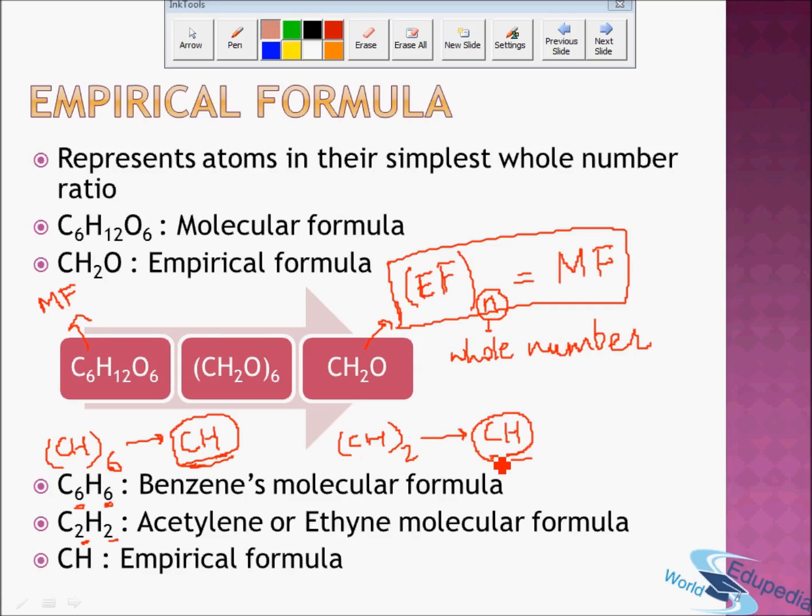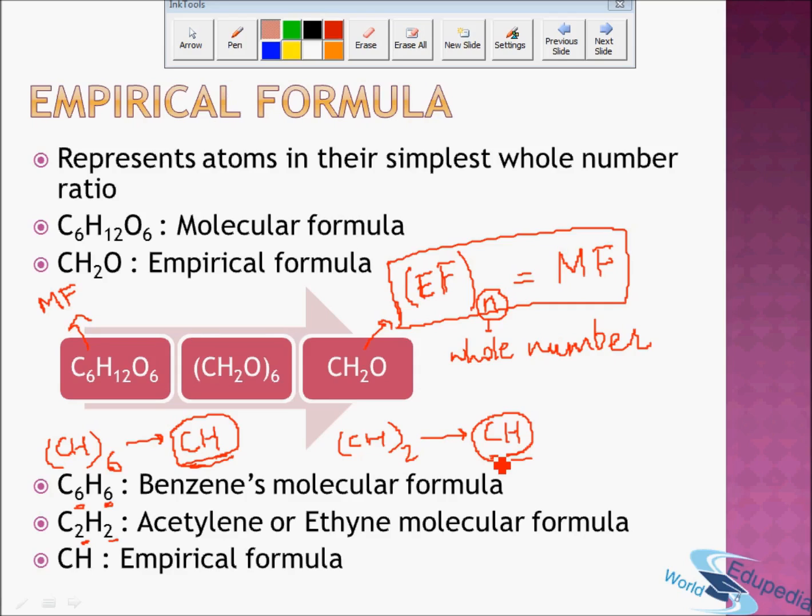Another difference would be empirical formula can be said to be sort of a subset of molecular formula. So basically if I have the empirical formula, I can derive the molecular formula given further information. Or if I have the molecular formula, I can always derive the empirical formula without any further information.